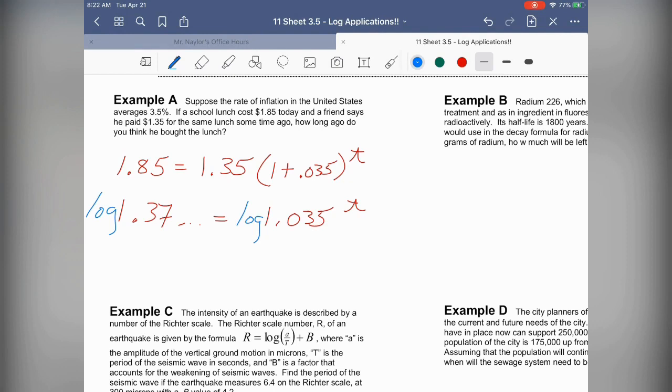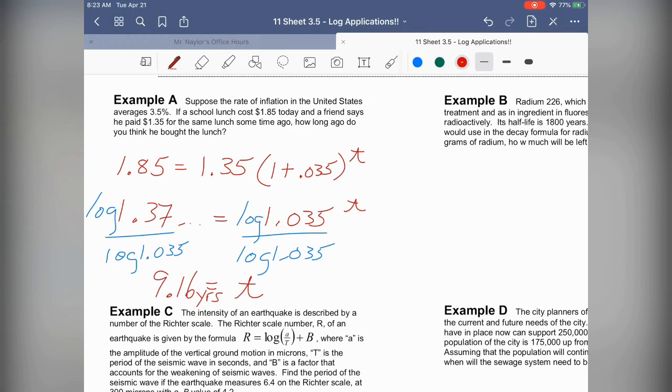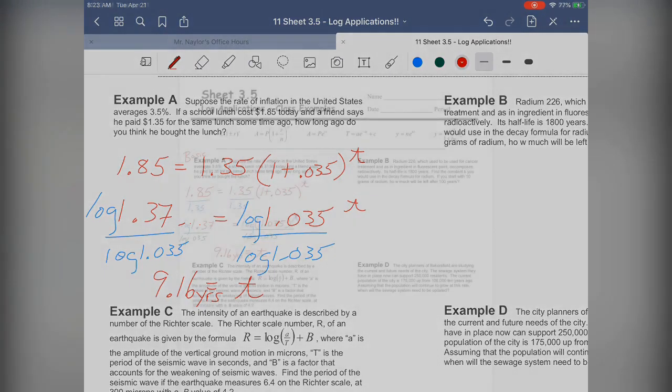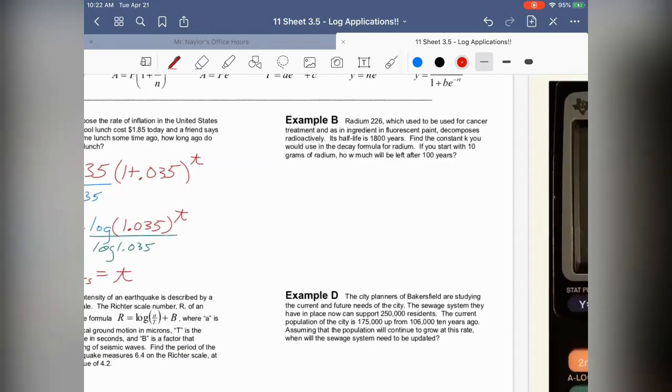You can do the log of that entire decimal, and you can divide it by the log of this 1.035 number. So try to be as accurate as possible. This is when you get your calculator out to get your final answer, and you're going to end up with right around 9.16 years. It is in years because your rate was in years, so the time is always going to match the rate. Let's move over here to example B.